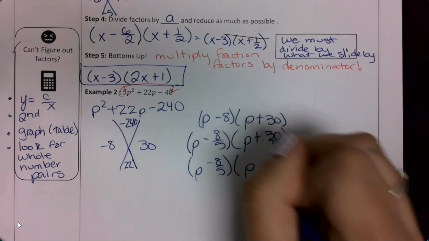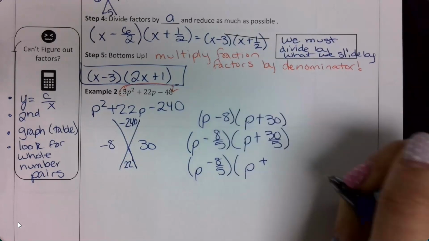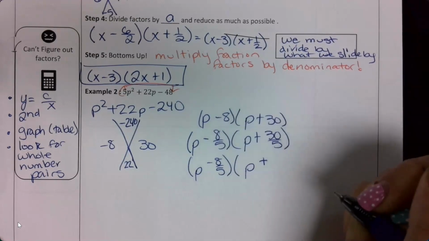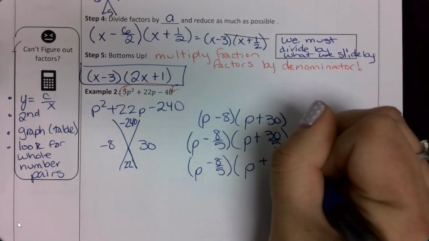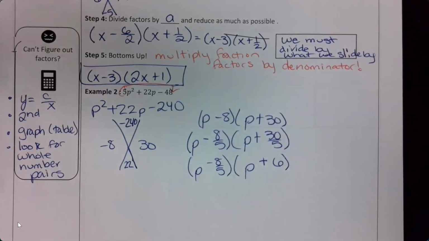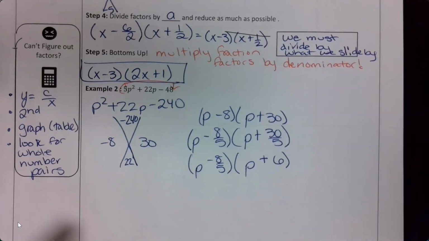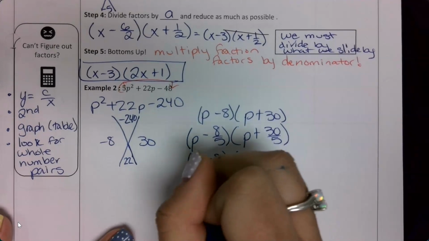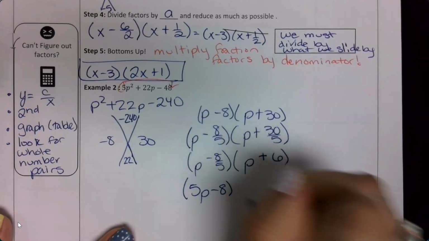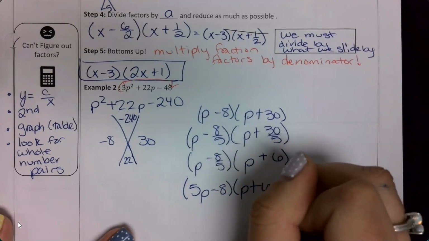But the second one, what's 30 divided by 5? 6. Okay, and then what do I want to do to finish this off? Do I like this fraction? No. So I want to multiply both terms by 5. That's going to turn into 5p minus 8, and then my second term stays the same.